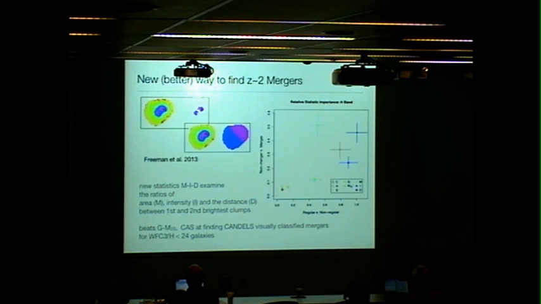Mike mentioned these new and better ways of measuring particularly clumpy galaxies and mergers. So Peter Freeman developed these 3 new statistics, the MID statistics.